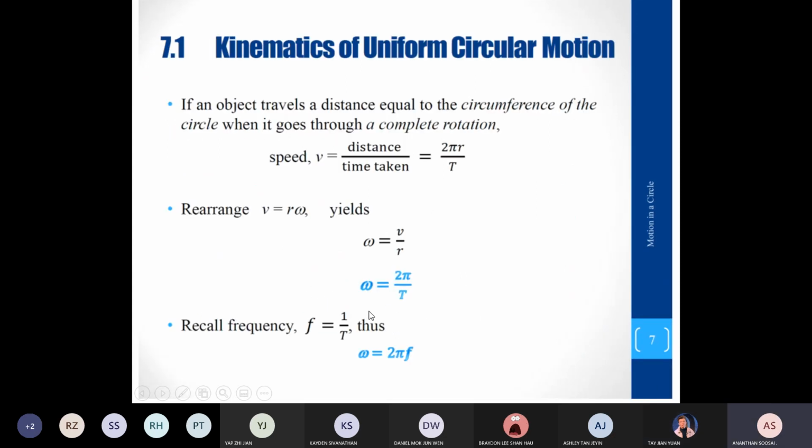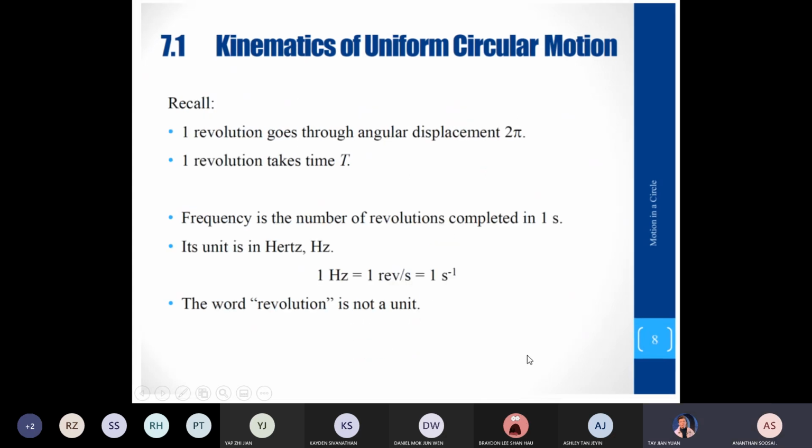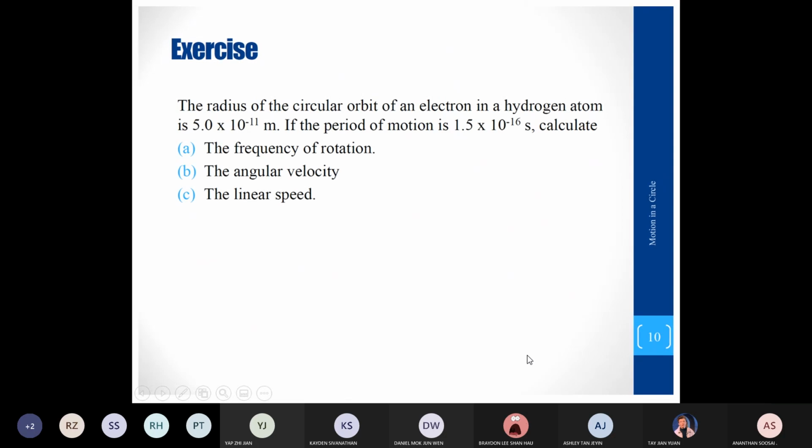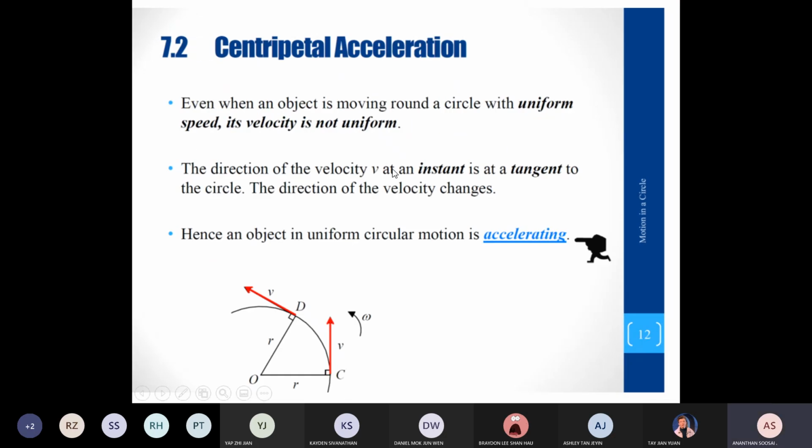Then we talked about how anything moving in a circular path with a constant speed does accelerate. The acceleration is towards the center of the circle. That acceleration is given a special name, centripetal acceleration.